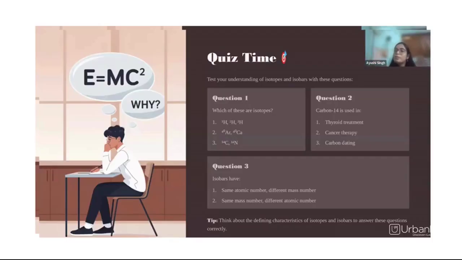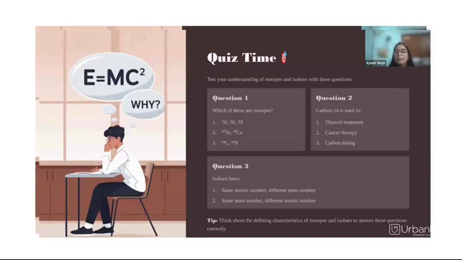And if you can't, just go back through this video again and try answering it. Question 2 is, carbon 14 is used in treatment of thyroid, cancer therapy, or carbon dating. Okay, you can figure it out. And lastly, do isobars have same atomic number, different mass numbers, or same mass number, different atomic number?